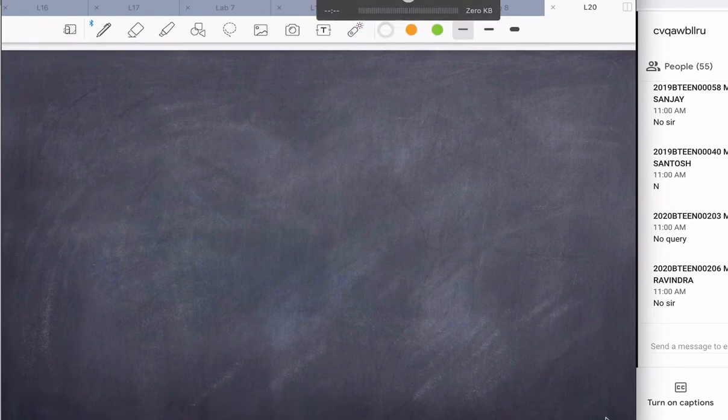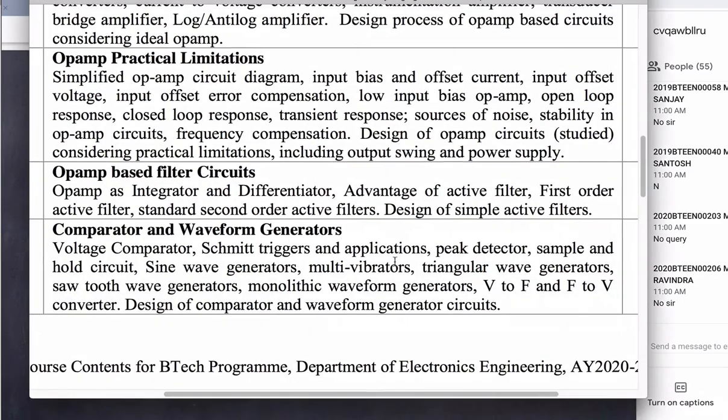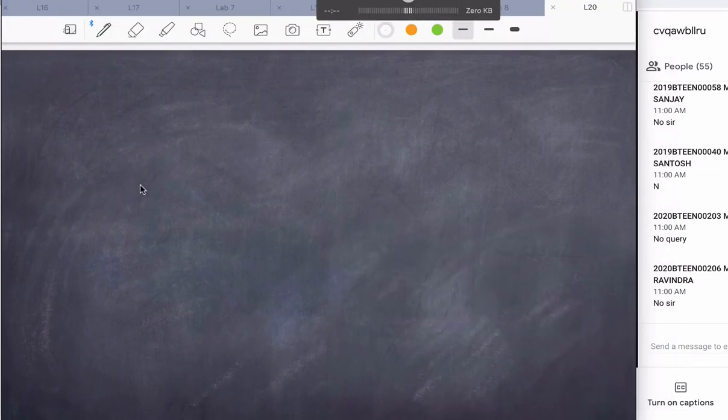So this is about filters as such. There are two more circuits which are the integrator and differentiator. We will talk about the integrator first today, and then move back to the filters again. So we will go for the integrator circuit.